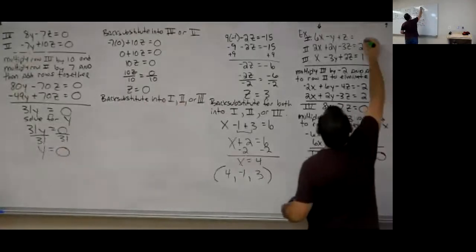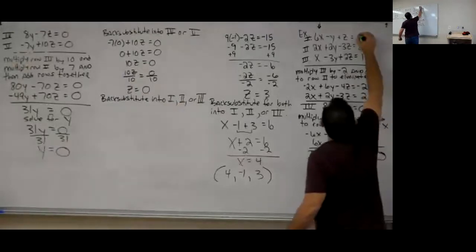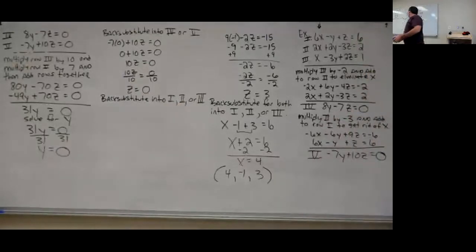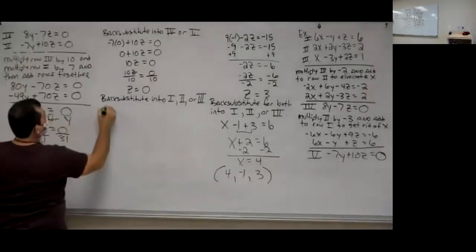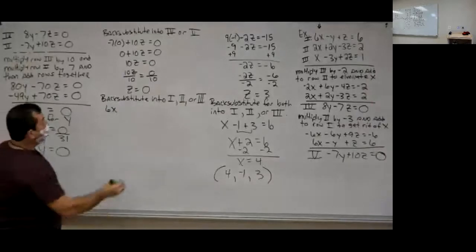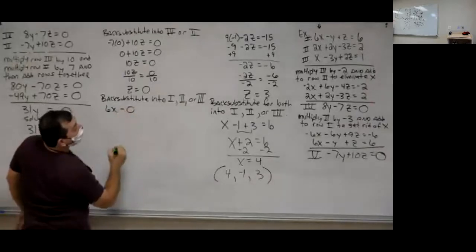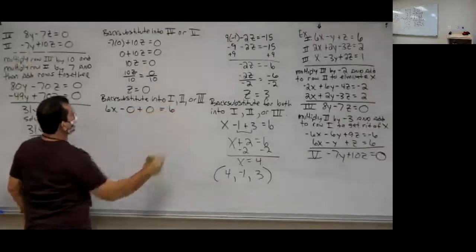Any of them will work. Let's do number 1. I don't know the x yet, so I have 6x, but I know the y is 0, so that's minus 0. I know the z is 0, and all that's going to equal 6.